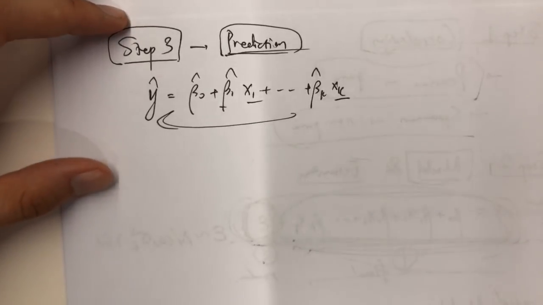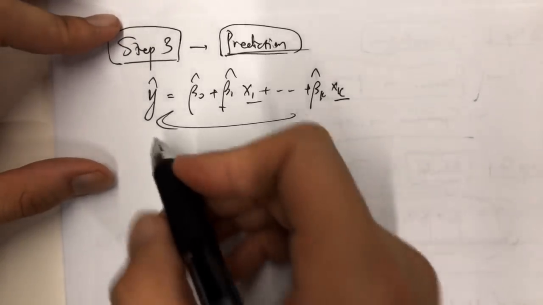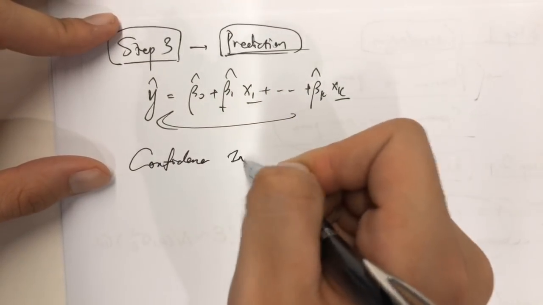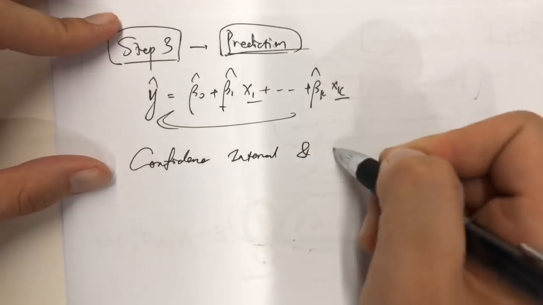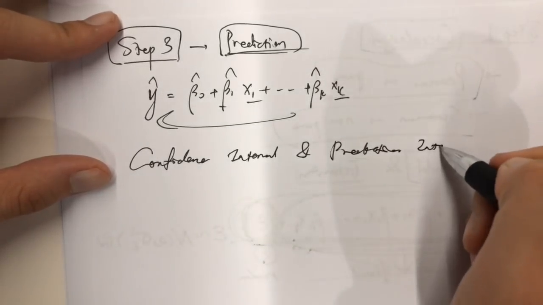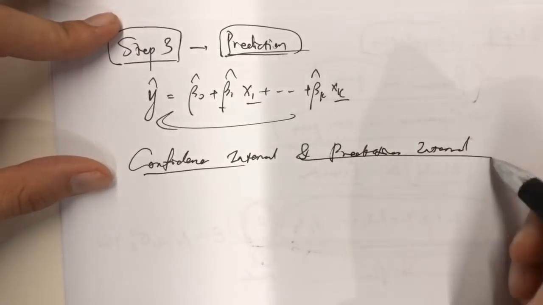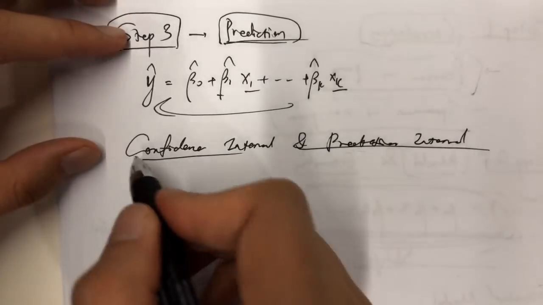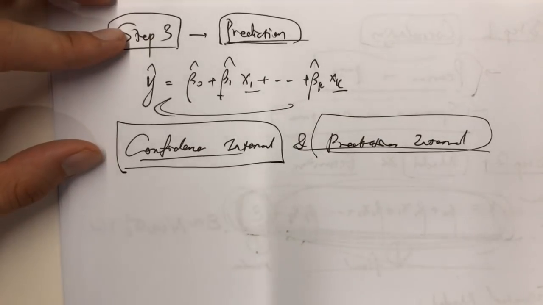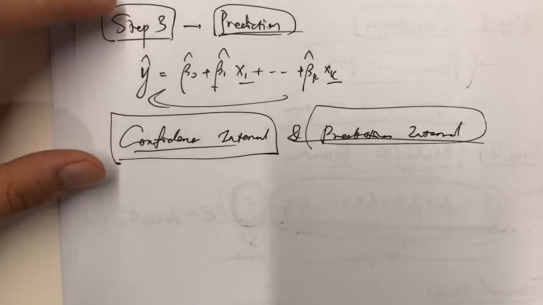However, what is hard is calculating a confidence interval and a prediction interval. Since the calculation is too heavy, I guess you'll probably only be able to explain the difference between confidence interval and prediction interval, okay?